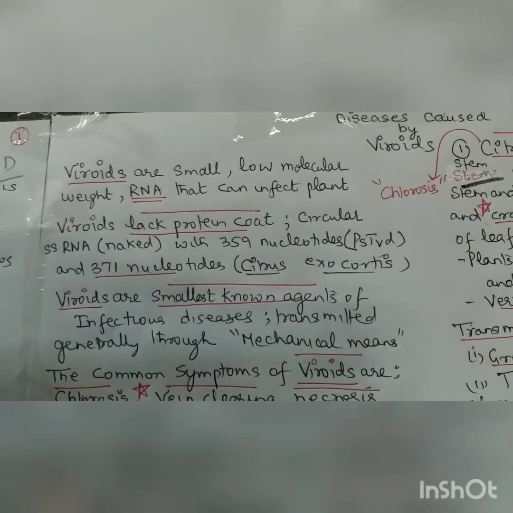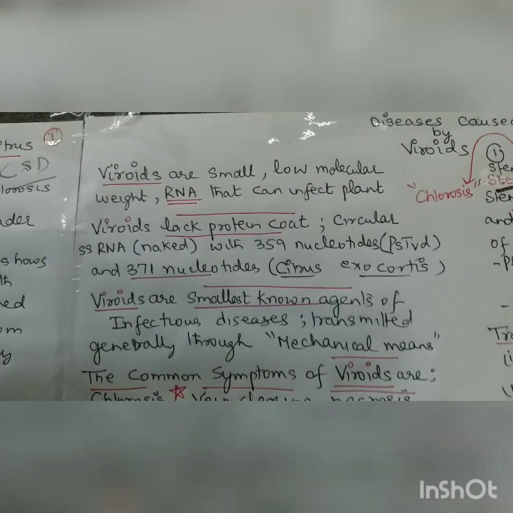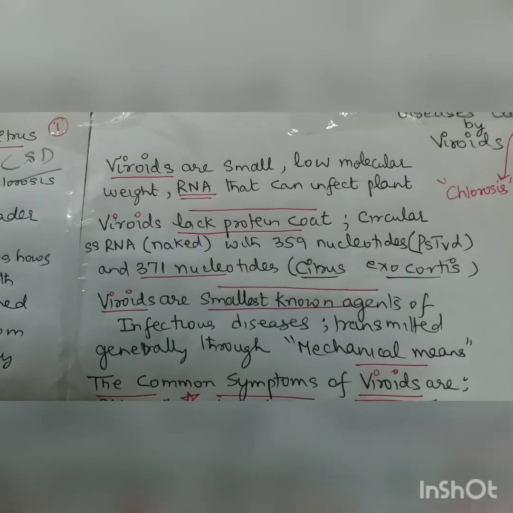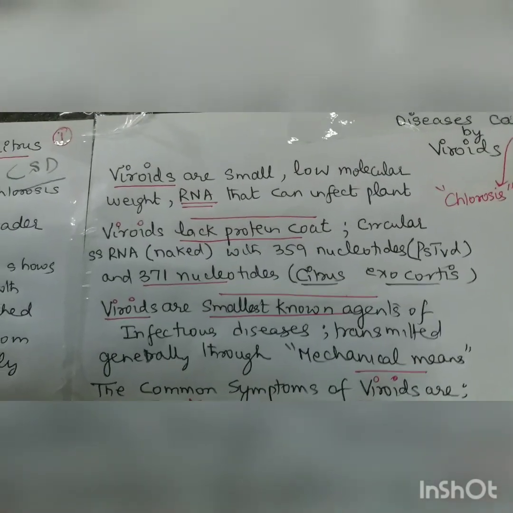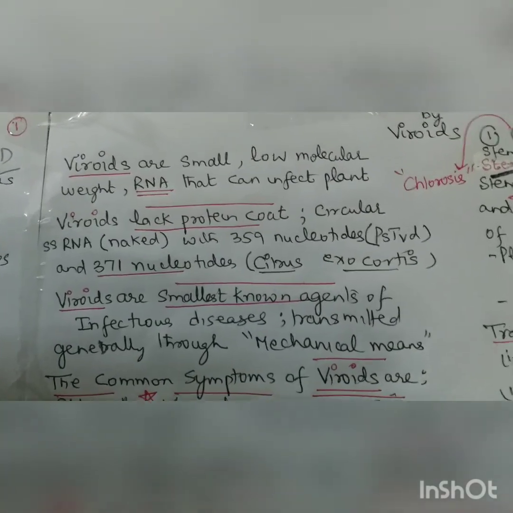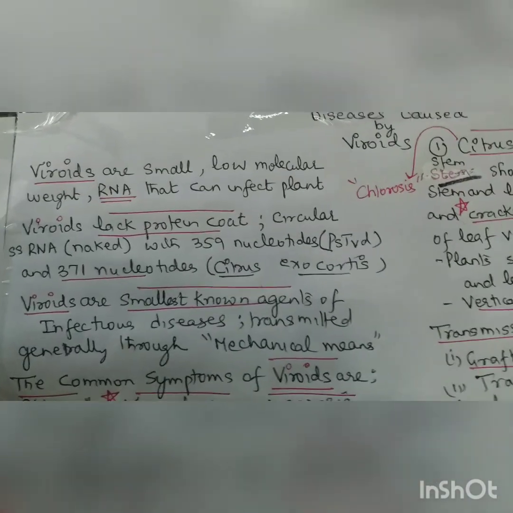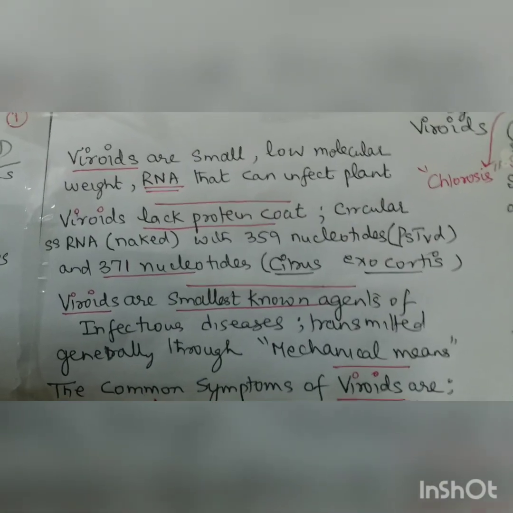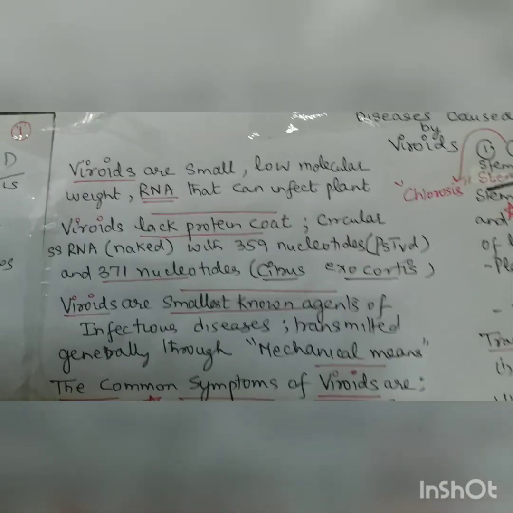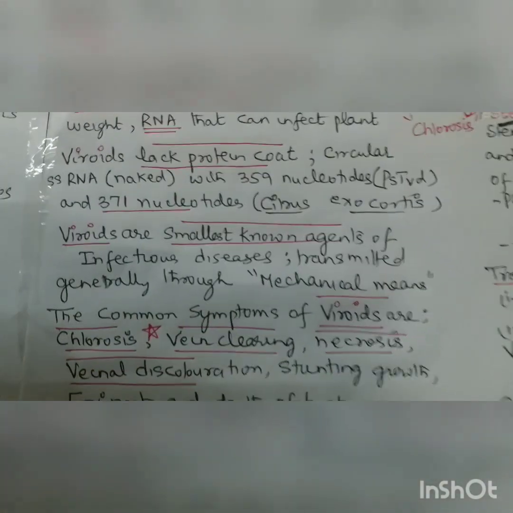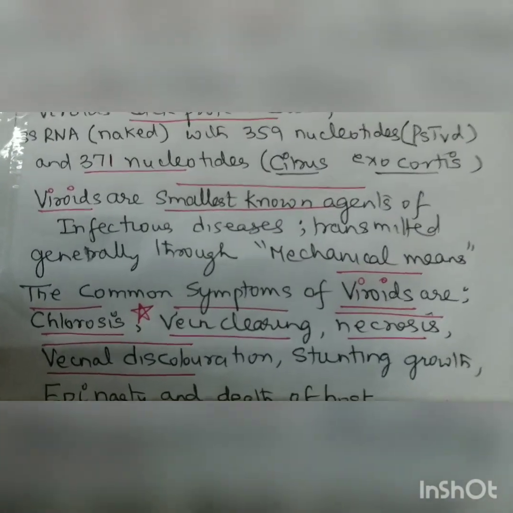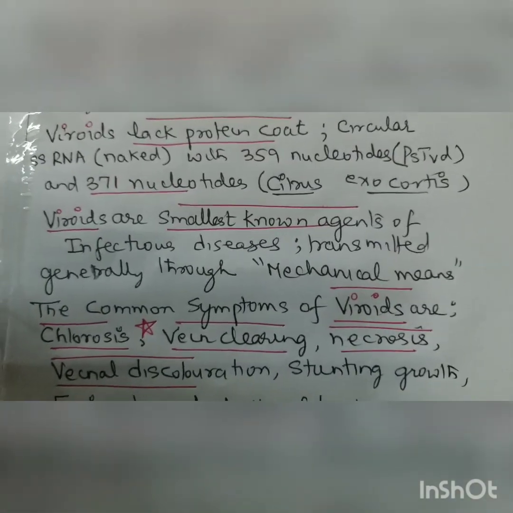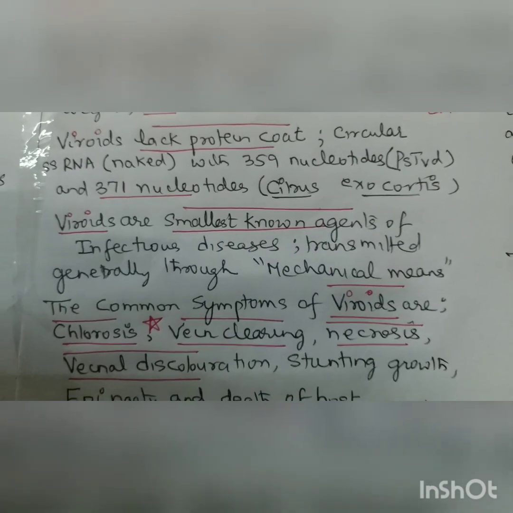Viroids lack a protein coat; they are circular, single-stranded, naked RNA, with 359 nucleotides in potato spindle tuber viroid, the disease we will do, and 371 nucleotides in citrus exocortis, the disease I am taking after that. So viroids are the smallest known agents of infectious disease, transmitted generally through mechanical means.